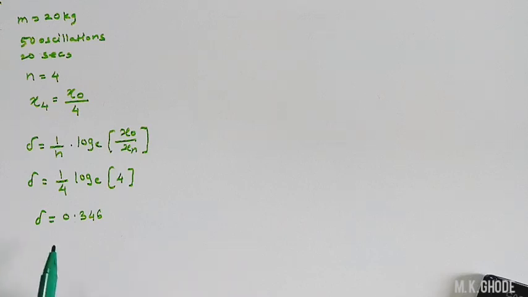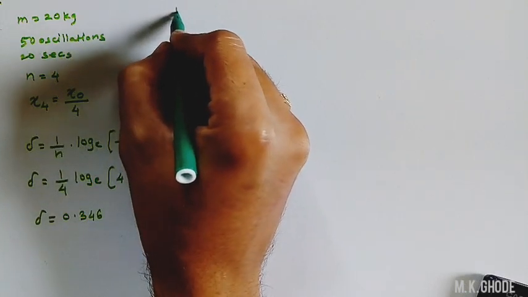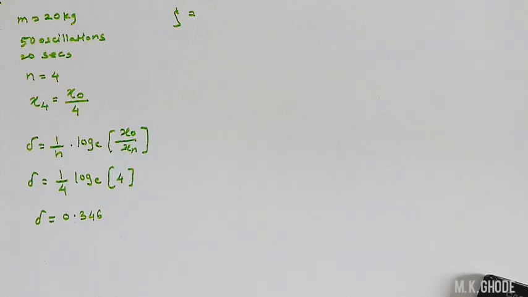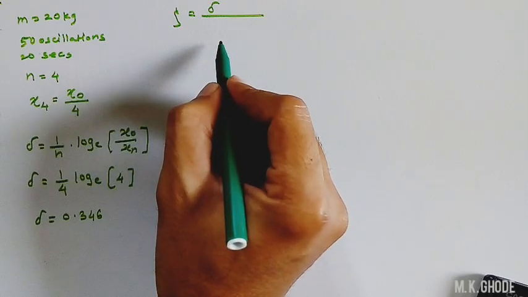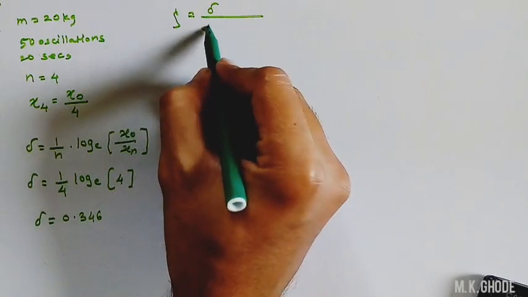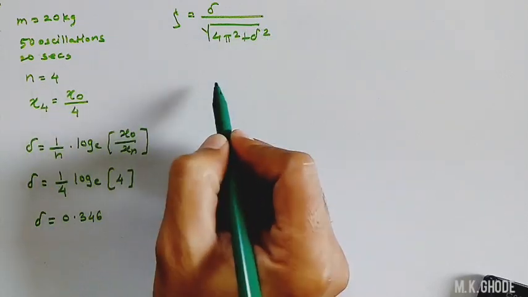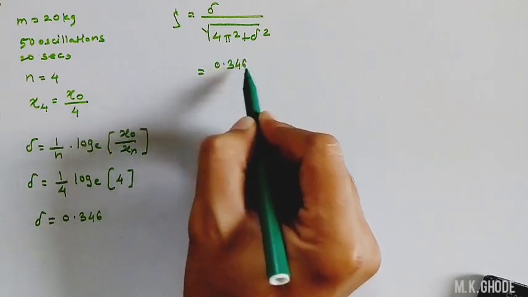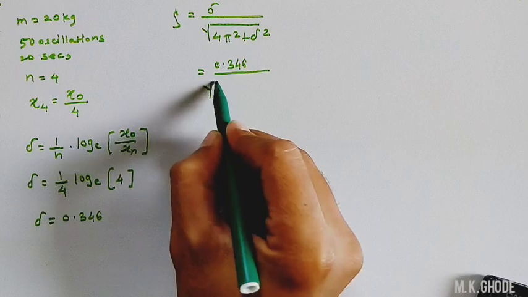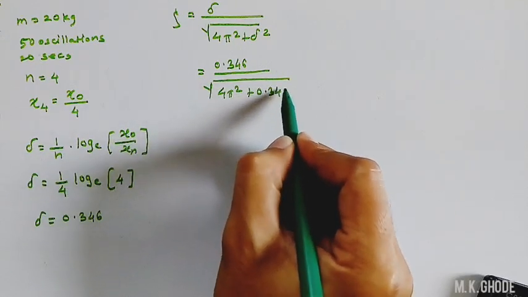We have the formula of damping factor in terms of the logarithmic decrement. So zeta is equal to delta upon root of 4 pi square plus delta square. The delta value is 0.346, divided by under root of 4 pi square plus 0.346 square.